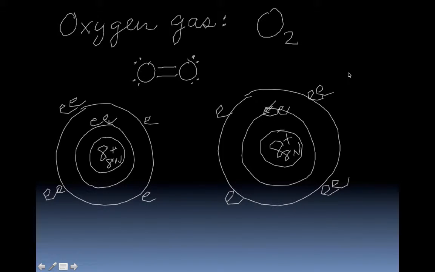Once again, we have 6 valence electrons, and once again, 2 that are unpaired and unstable. So when 2 neutral oxygen atoms come together like this, we can have a covalent bond form here, where the shared electrons complete the orbitals for each atom and thus provide stability, and another covalent bond here.